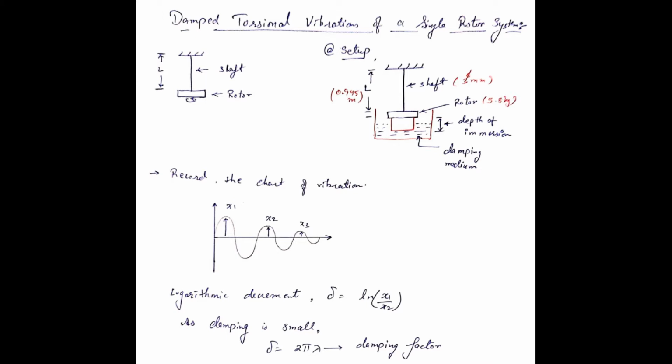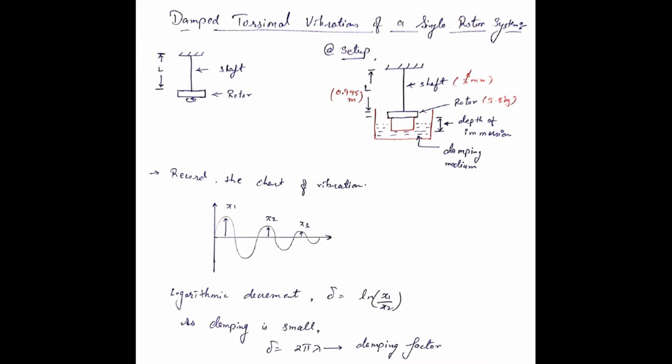It is observed that the chart, or say the graph obtained, is logarithmic in nature. The graph looks somewhat like this. On the vertical axis, we have amplitude of vibration, and on the horizontal axis, it's the time period.